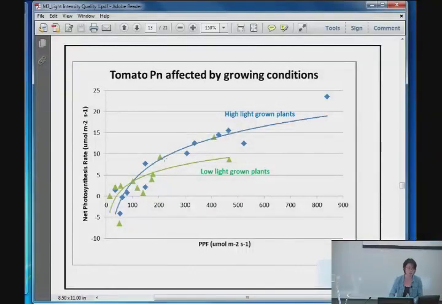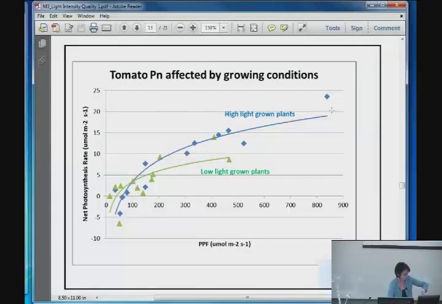So that's the difference. And then I believe those are growing in a different greenhouse, so that's why I included it here. So they're not including age effect. So this is the actual data of tomato plants grown under low light and grown under very high light. The leaf response, the difference.